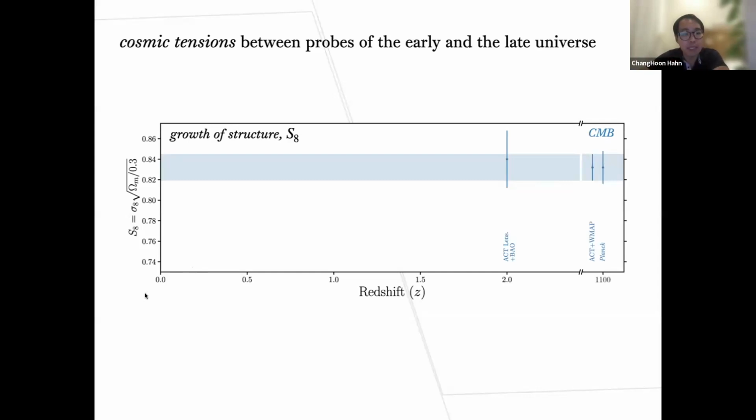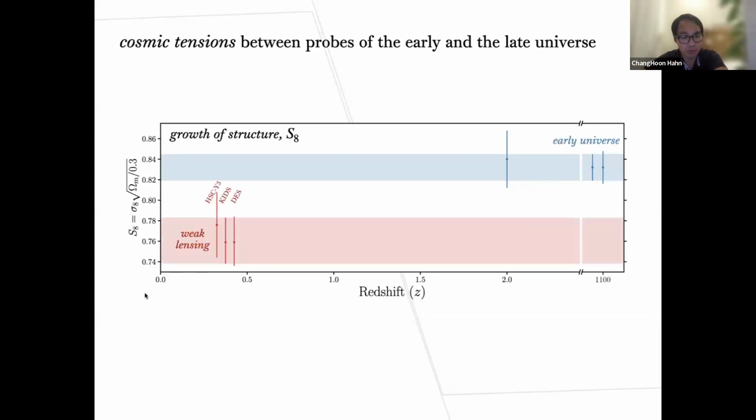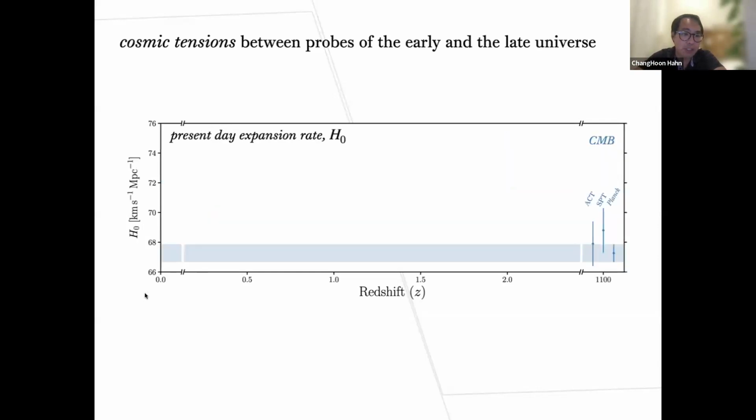experiments that probe the late universe at low redshifts with weak lensing find significantly lower values of S8 compared to the CMB experiments. In addition to this S8 tension, we also have a tension in the present-day expansion rate, parameterized using this H0 parameter, the Hubble tension. And I'm again showing you measurements of H0 from the CMB experiments that probe the early universe at high redshift.